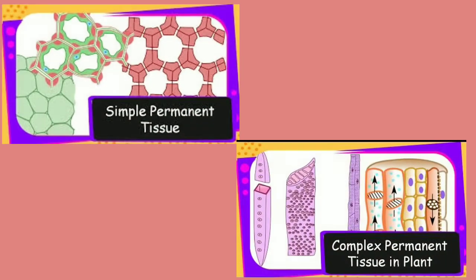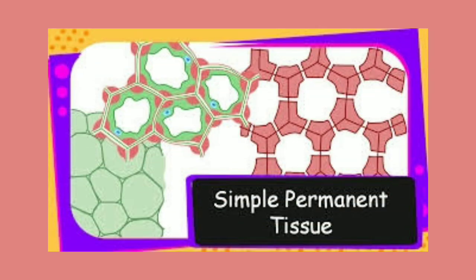There are two types of permanent tissues: simple permanent and complex permanent tissues. First, let us study simple permanent tissues. Simple permanent tissues are made up of only one type of cell. According to the function, they are of the following types.